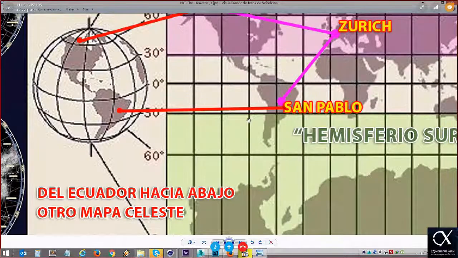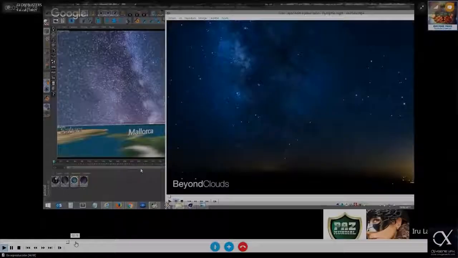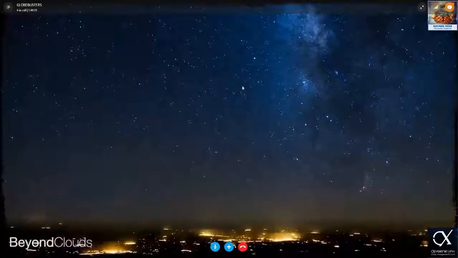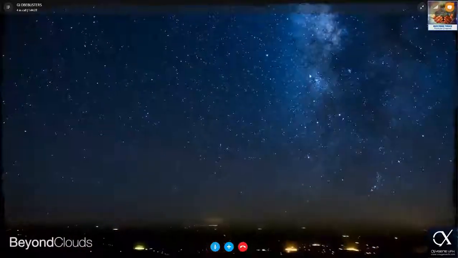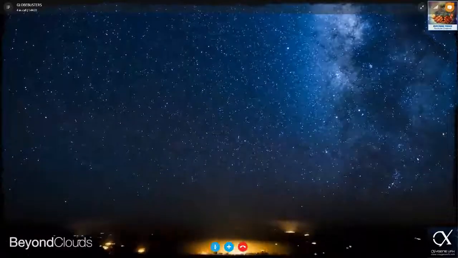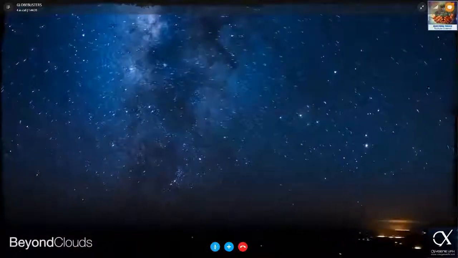So São Paulo, Brazil, is really south of the equator. Maybe not like Argentina, but it's really down. So I started to mark the constellation. You can clearly see the Big Dipper going to the right, but never turning. It never flips upside down or left to right.